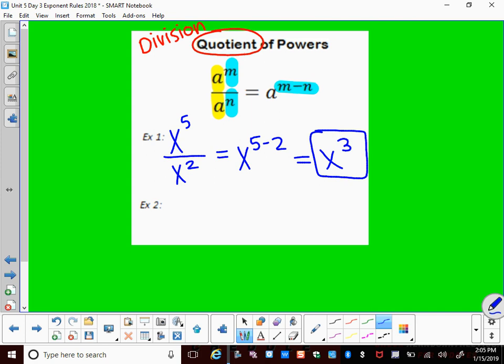The idea behind that is that if I have 5 x's on top, and I'm dividing by 2 x's, I can cancel out the ones that are equal. What's left over? X cubed on top.